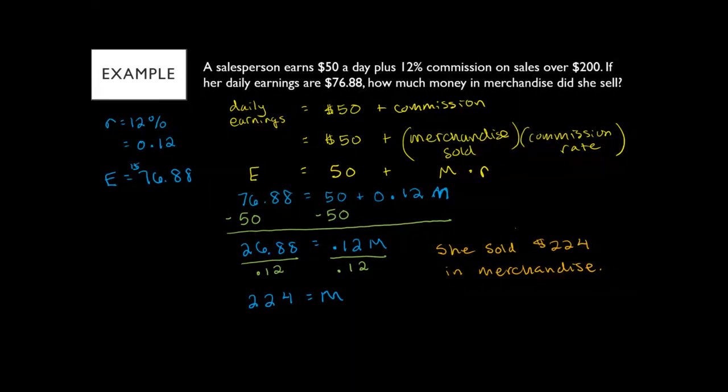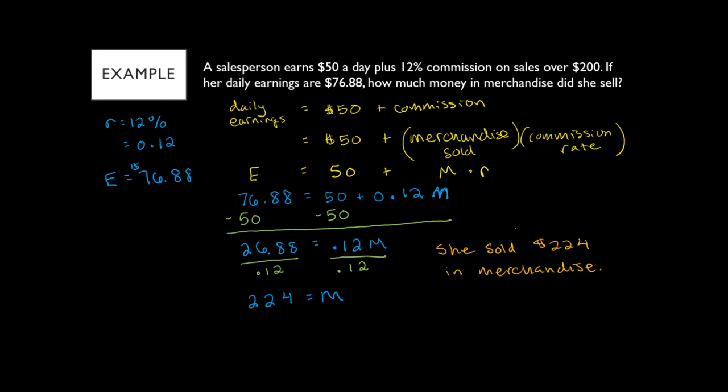So in your description up here, it says 12% commission on sales over $200. Oh, good catch. Good catch. I didn't even notice that. Good catch.